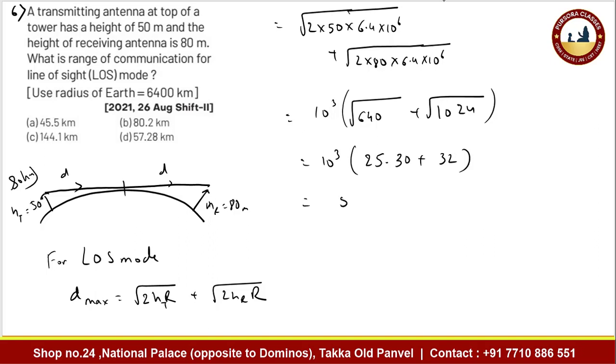So we have 57.30 into 10 raised to 3 meter, or you can write 57.3 kilometer. So the correct option is D.